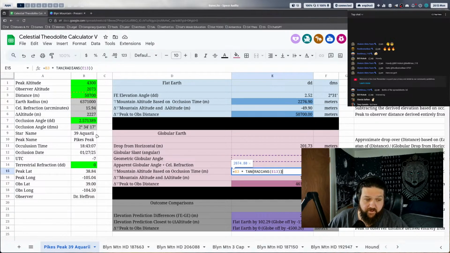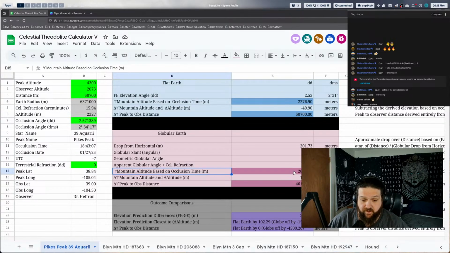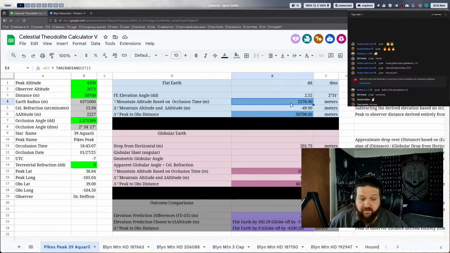The globe drop, which is derived from the occlusion timing, gives us what the elevation of the mountain peak would be. And in the same respect, we do the geometric globular angle now or later. Later, right. Okay. So we do the same thing for flat Earth in meters.